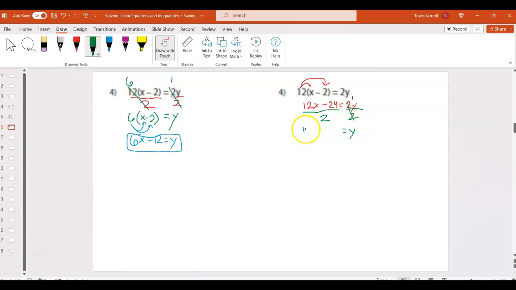And when we divide the 12x by 2, and when we divide the -24 by 2, two will go into 12 6 times, so that leaves me 6x. And 2 will go into 24 12 times, so that's 6x minus 12 equals y.